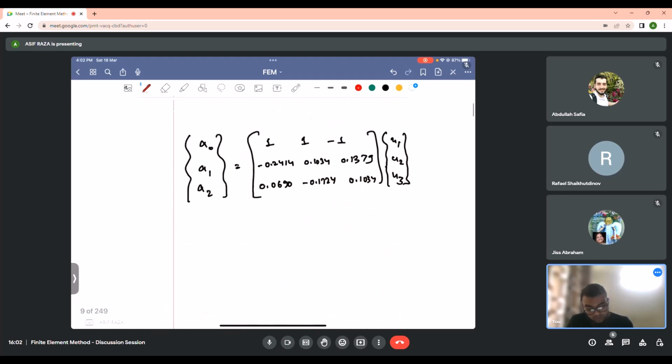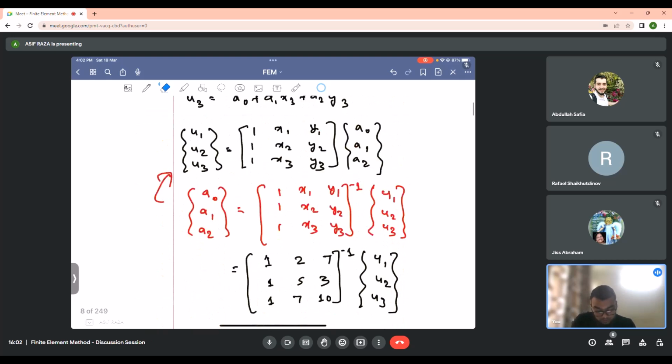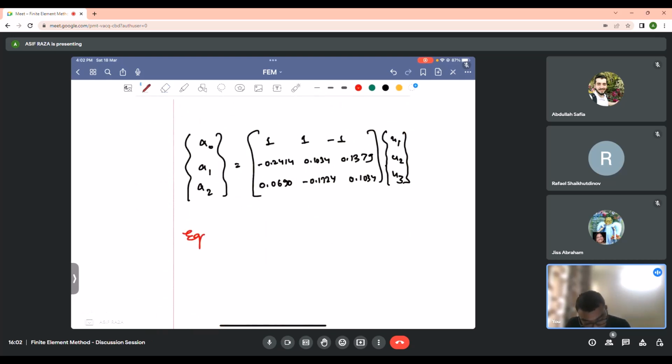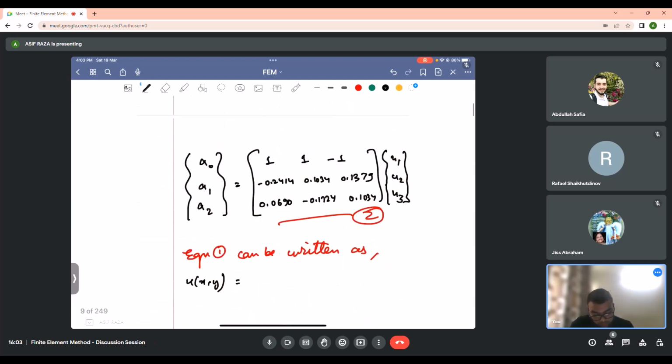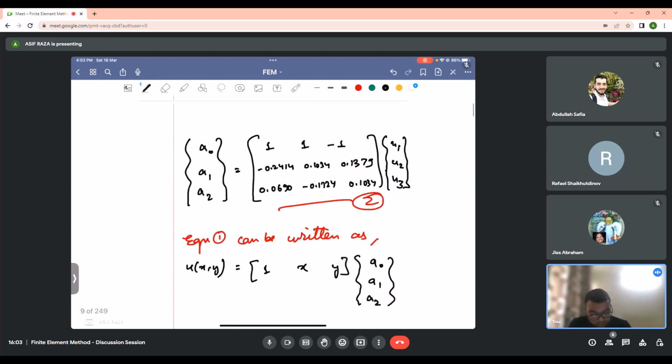Before we substitute this in equation 1, take this as equation 2, so that can be written as u of x comma y equals 1 x y times a0 a1 and a2.